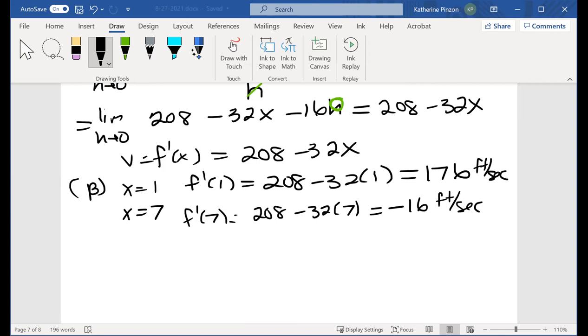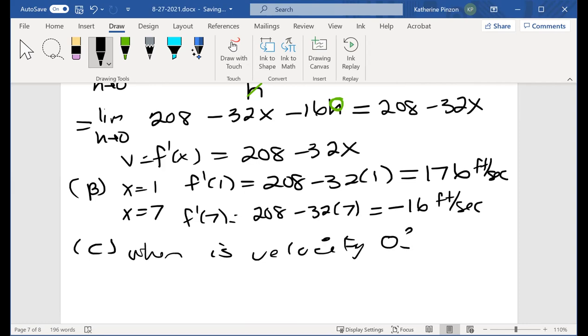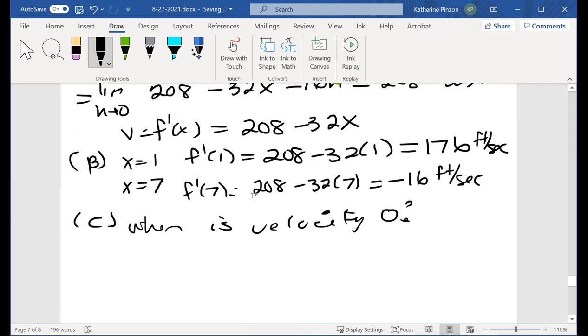Okay, part C says, when is the velocity 0? How are you going to determine when the velocity is 0? Take this velocity equation right here and set it equal to 0. We know it happens somewhere between 1 and 7, because at 1, the velocity is a big positive number.